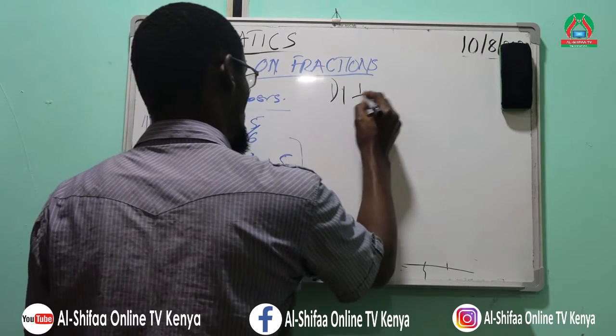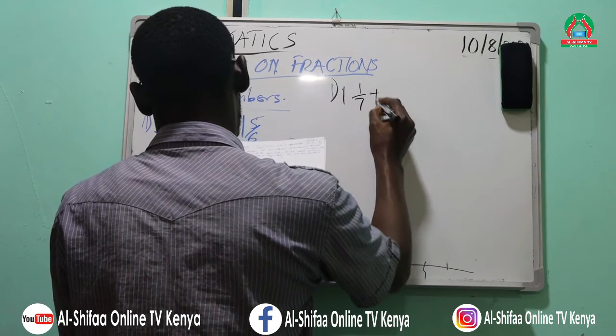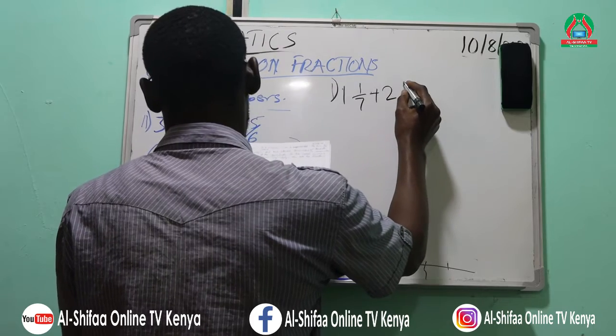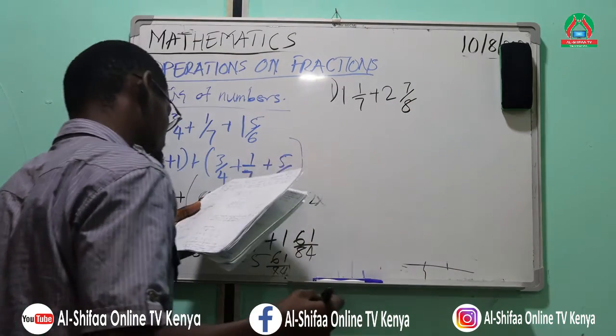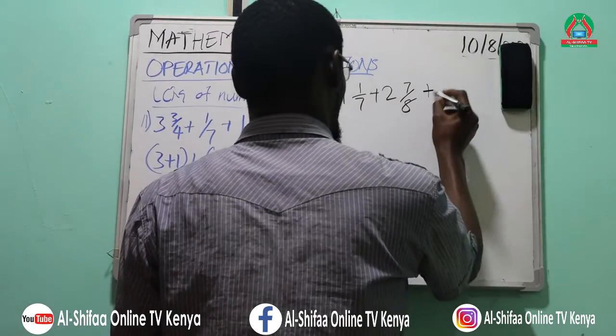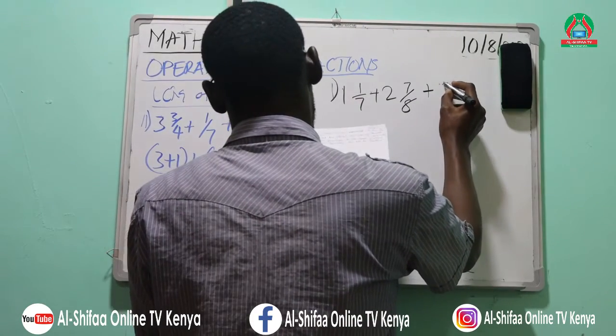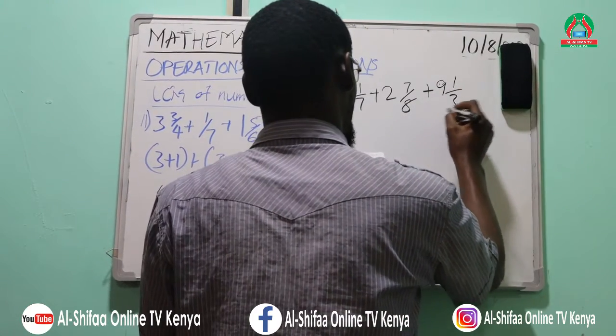We have 1 over 7 plus 2, 7 over 8 plus 9, 1 over 3.